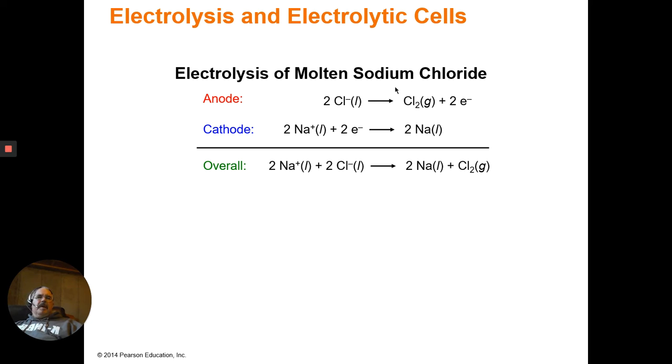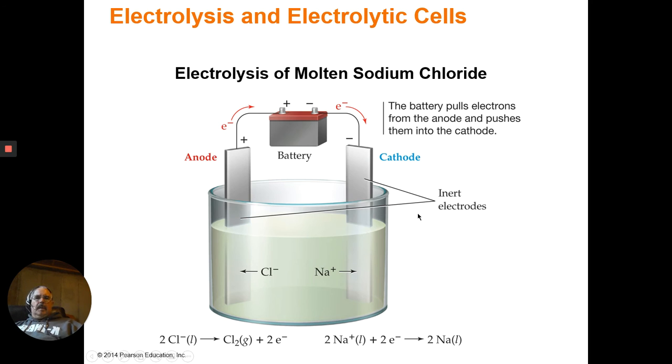It requires about 800 degrees Celsius to melt the sodium chloride. And an electric current is supplied. Chloride is oxidized to chlorine gas, and sodium ions are reduced to sodium metal. So that shows the process schematically.